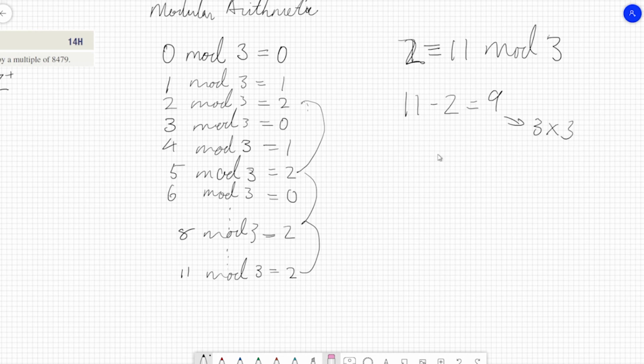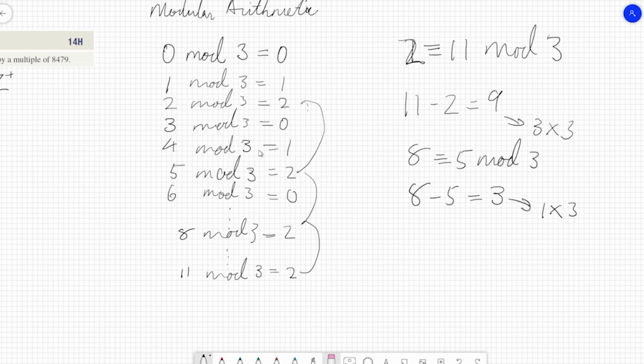Or alternatively, 8 is congruent to 5 with mod 3. That means 8 minus 5 equals 3, which is also a multiple of 3. As you can see here, the remainder ticks over each time you complete a cycle equal to the divisor.